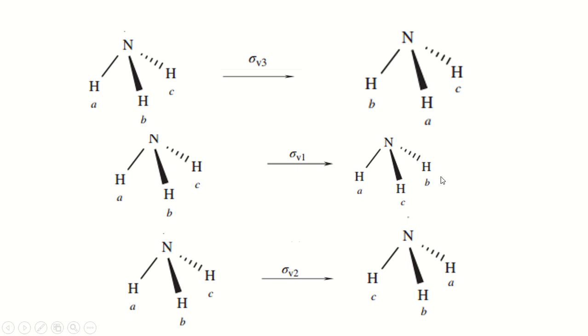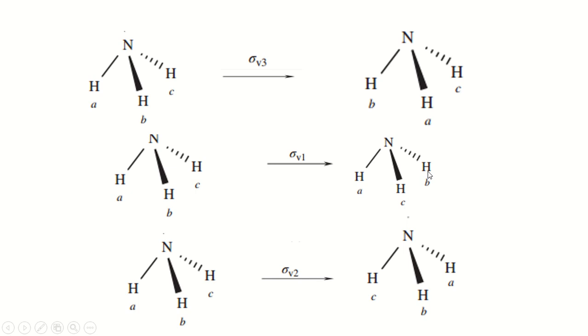Now we have to apply C3 to this molecule, so to this product. We need to apply C3 anti-clockwise. What will happen if we apply C3? We have to look at HB.